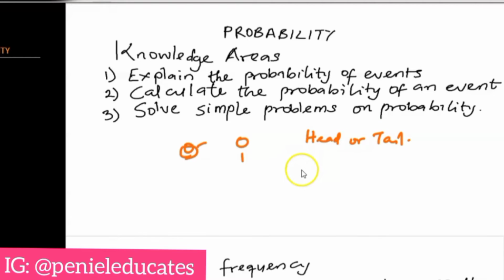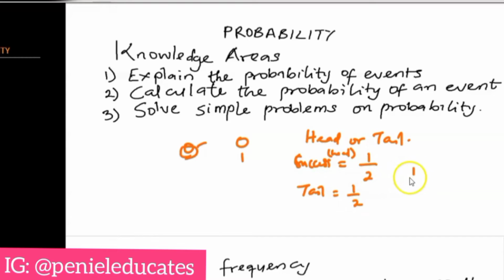So the probability of success that somebody will pick the head will be 1/2, because we have two sides. It's either head or tail. Then the probability that the coin will be tail is also 1/2.